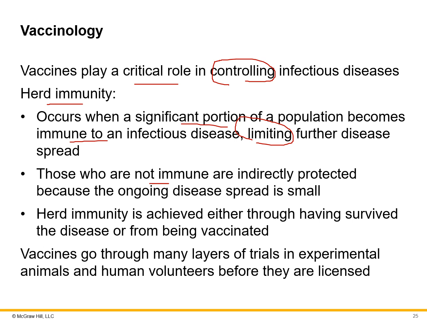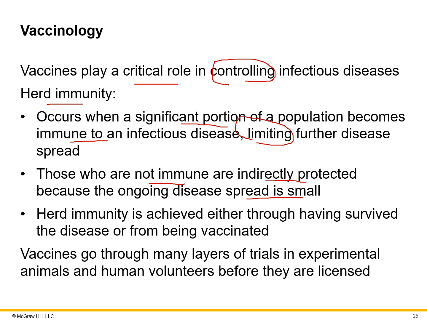So those who are not immune, who are not vaccinated, whether they're too young to be vaccinated or they choose not to be, are indirectly protected from the disease because it can't be spread, because so many are vaccinated. So it can't be, again, passed on because the majority of people are vaccinated against it.